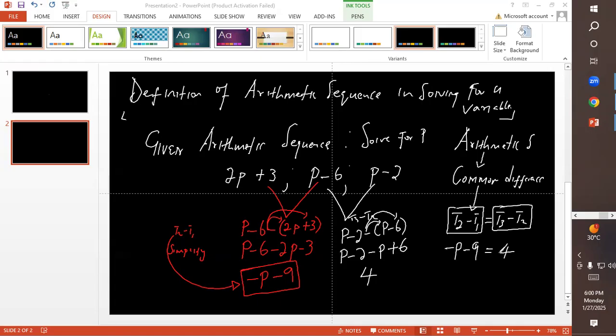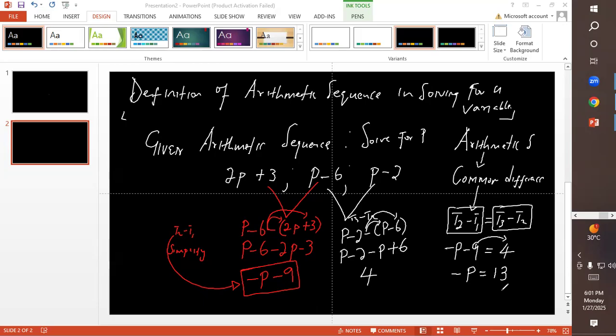So I equate them. What is the value of p? Minus p equals, you take negative 9 to the right side, so it's 4 plus 9, which is 13.